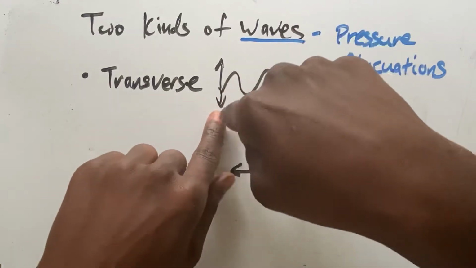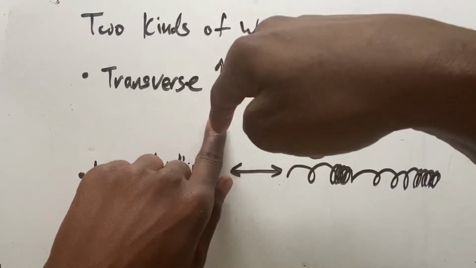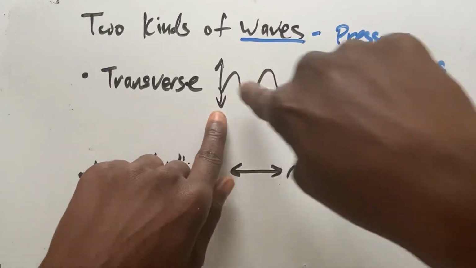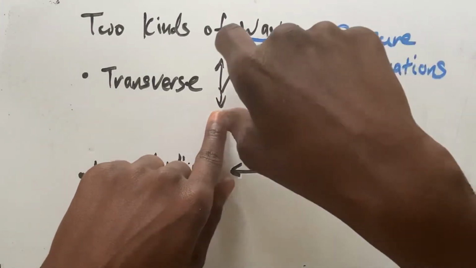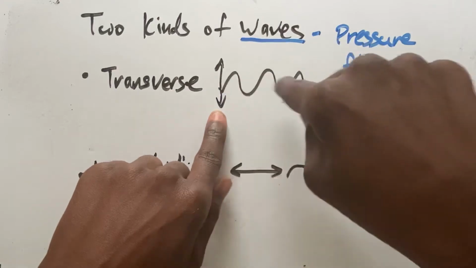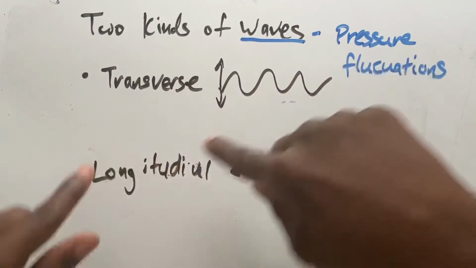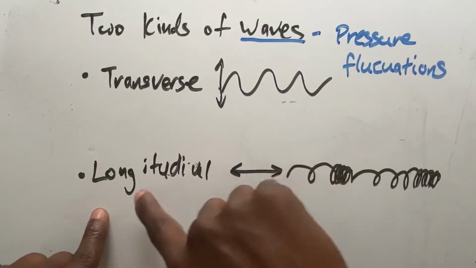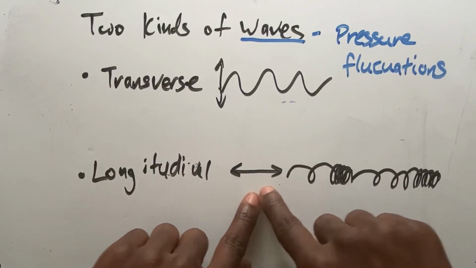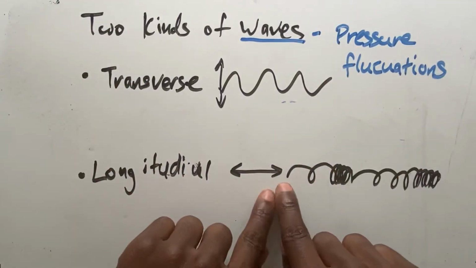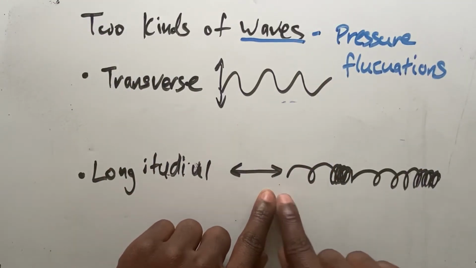And so we're vibrating up and down, but the wave is going left and right. So basically the vibrations are perpendicular to the wave, whereas for a longitudinal wave, the vibrations are left and right, like this, and that's also the direction of the wave.